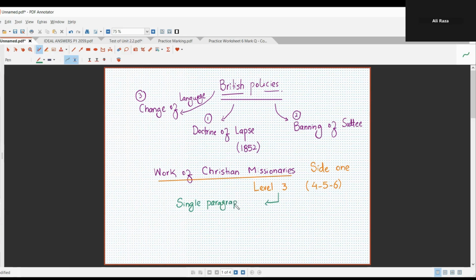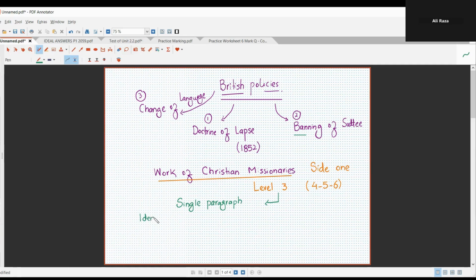Now since the question is about Indians resisting the idea of the British westernizing them, तो सबसे पहले banning of sati, if we take it as a reason, so हम क्या बोलते हैं, हमारे एक पैराग्राफ के तीन हिस्से होने चाहिए. The first part of the paragraph is identification.